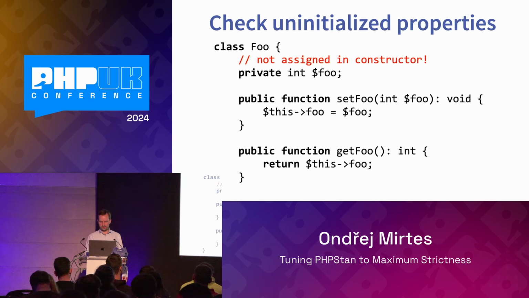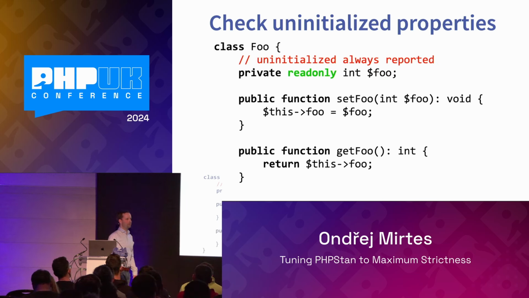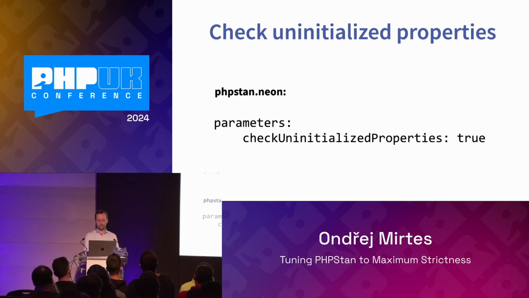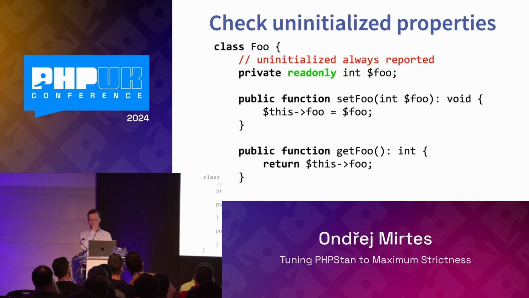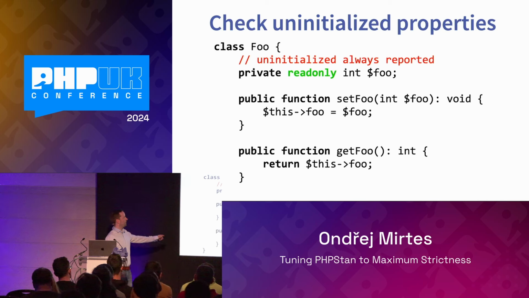And I am running kind of an experiment. If you take advantage of read-only properties that were added in PHP 8.1, you don't need this option. In the case of read-only properties, this is going to be reported by default. PHP doesn't require you to do this. In PHP, this code is as valid as before.